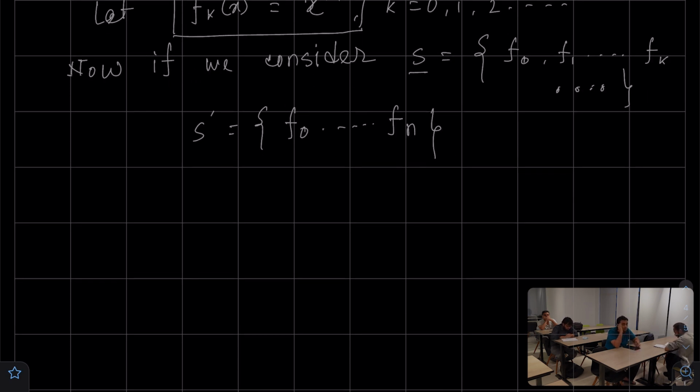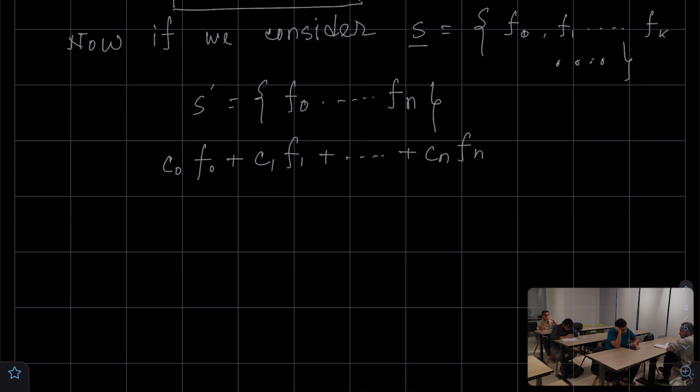Now let us take a linear combination of that set: C0 F0 plus C1 F1 plus up to Cn Fn. So I'm taking a linear combination of that set.